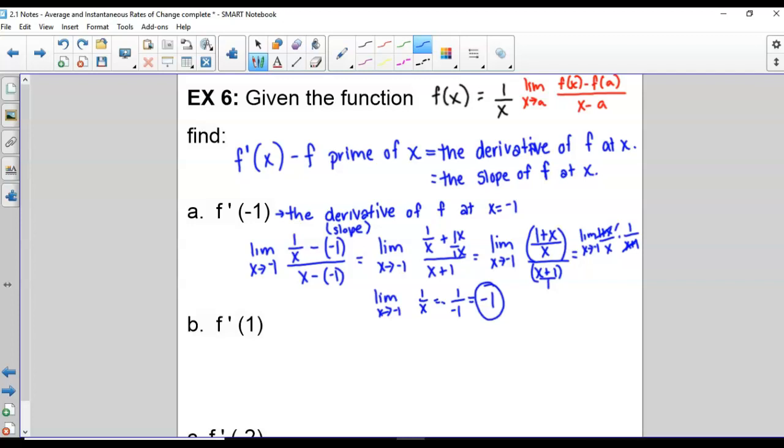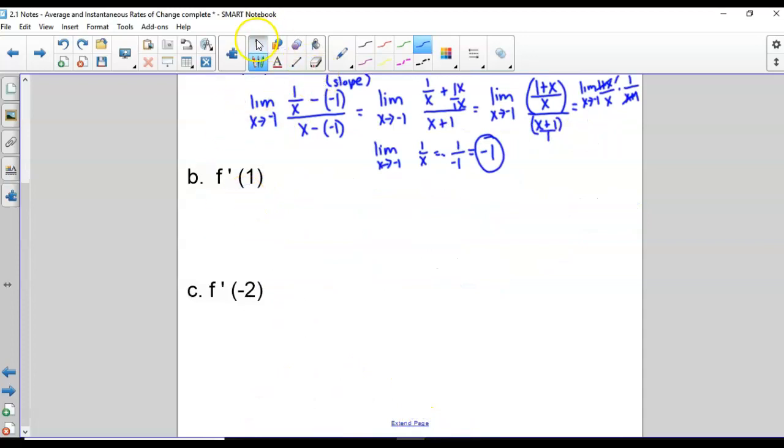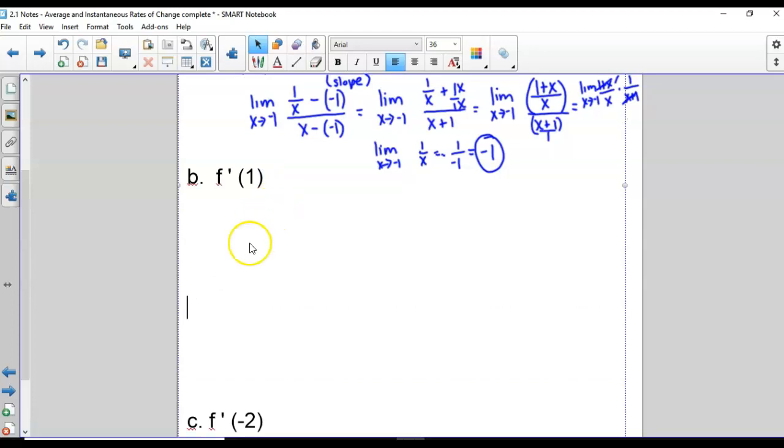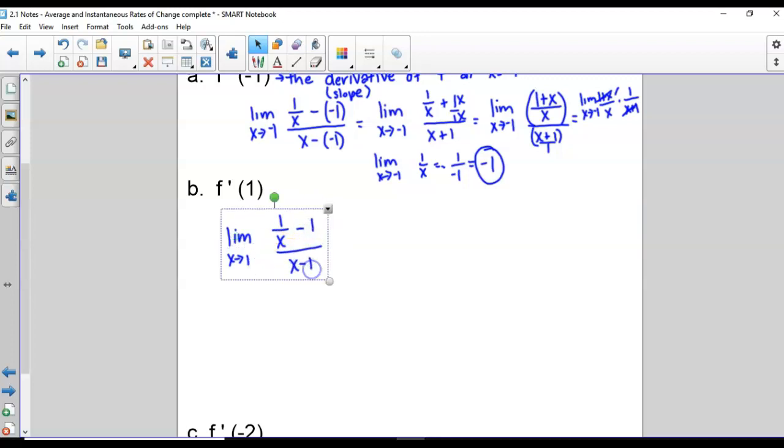Okay. Now we've got to do the same thing. I really didn't leave enough room, did I? I can give myself more room. You guys cannot. You can go over to the side there if you need to. So for f prime of 1, we've got to do the same thing, but we've got to change all of our -1s to 1. So we've got the limit as x approaches 1 of 1 over x minus 1, over x minus 1.